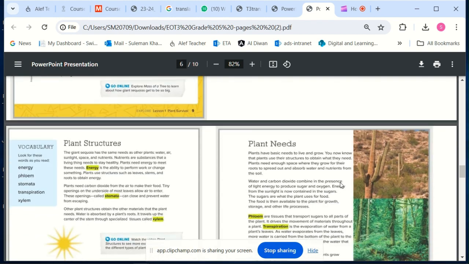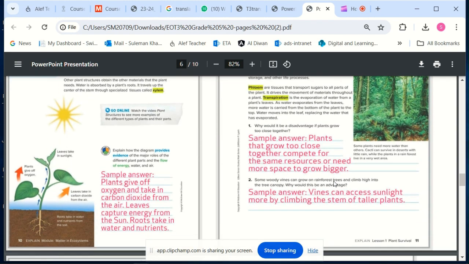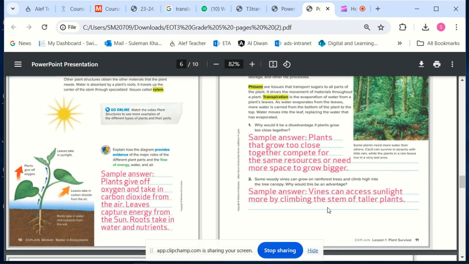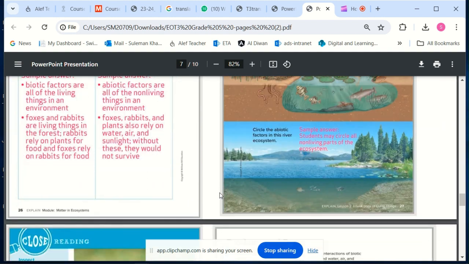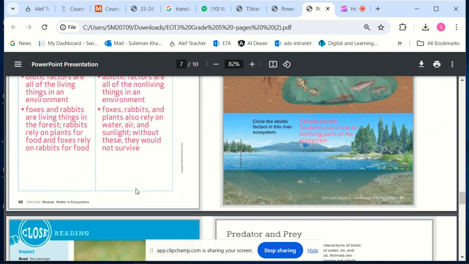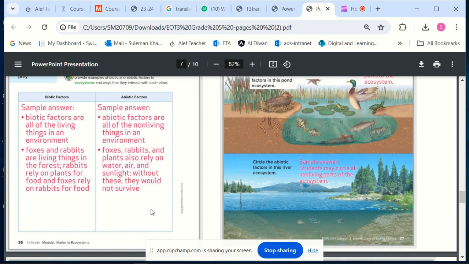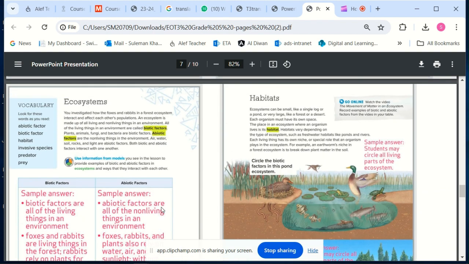Okay. Now, the next part is page 26, about ecosystems.